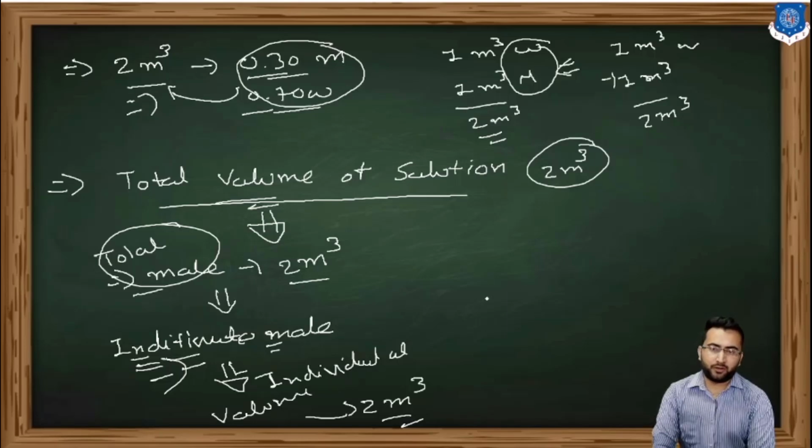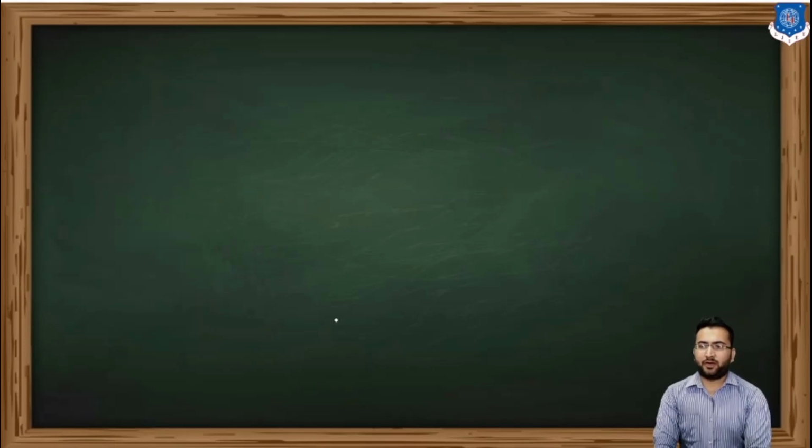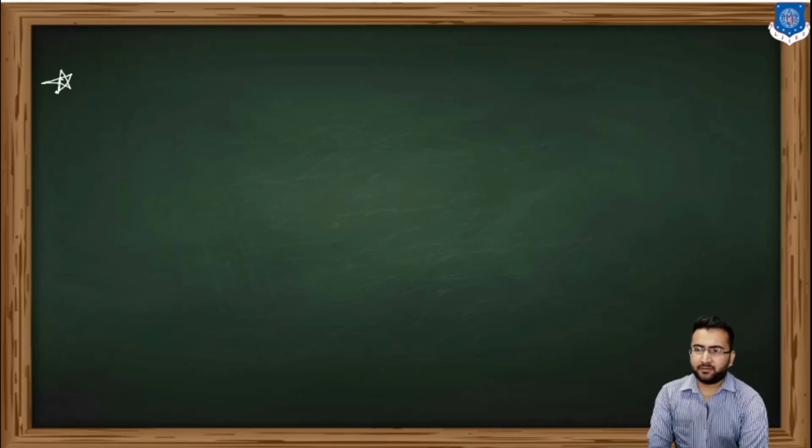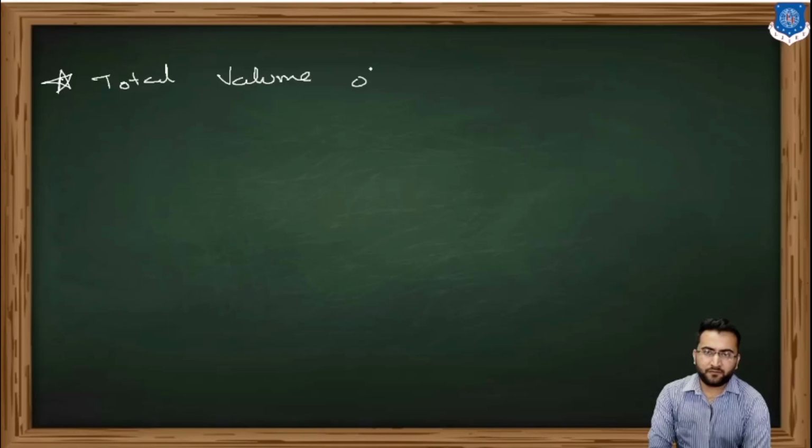Multiplying the individual moles by the molar volume gives the individual volume required to make 2 meter cube of solution of 30% methanol and 70% water. So let's first find the total volume of solution.